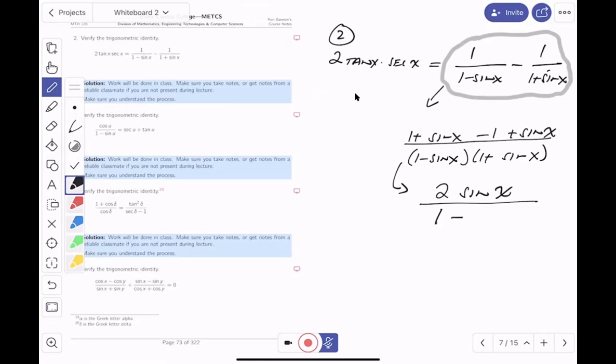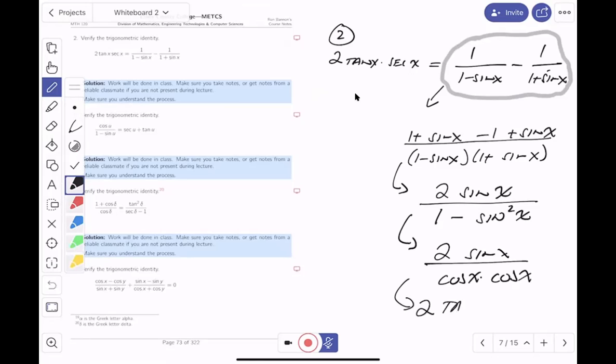It would be 1 minus sine squared. Let's keep moving. I'm not there yet. I'm seeing 2 sine x. On bottom is cosine squared, which means cosine x times cosine x. This simplifies to 2. Sine over cosine is tangent, and 1 over cosine is secant. QED.